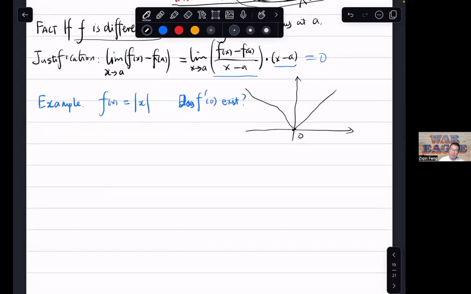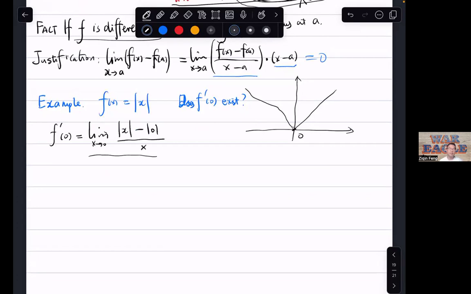By our definition, if f prime of 0 exists, it should equal the limit as x goes to 0 of the absolute value of x minus the absolute value of 0, over x. If this is a finite number, then the derivative exists.